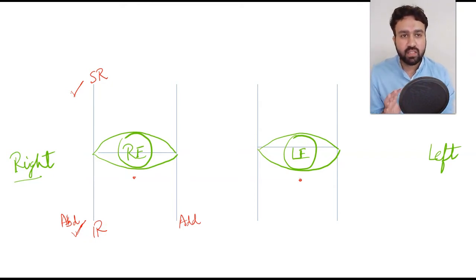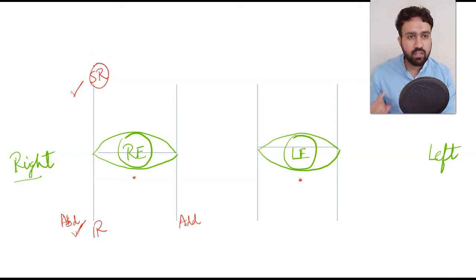Basically remember this: the recti are adductors of the eye, but their maximum vertical action occurs in abduction. So you've got the superior rectus, which causes elevation, and the inferior rectus, which causes depression.